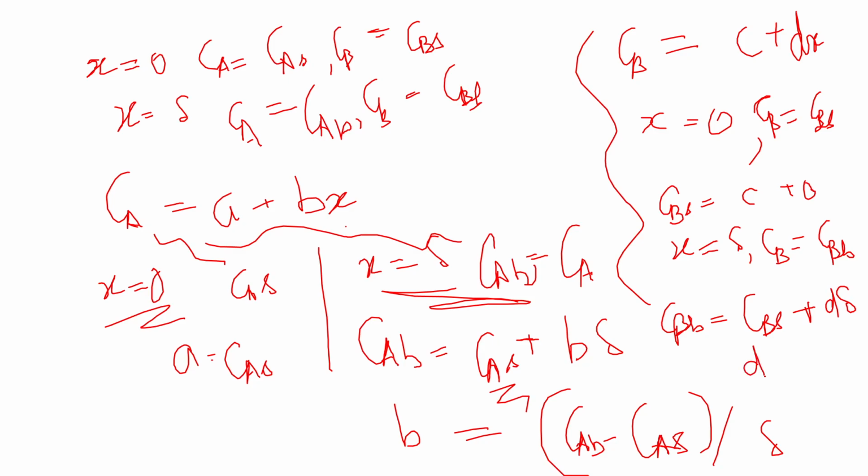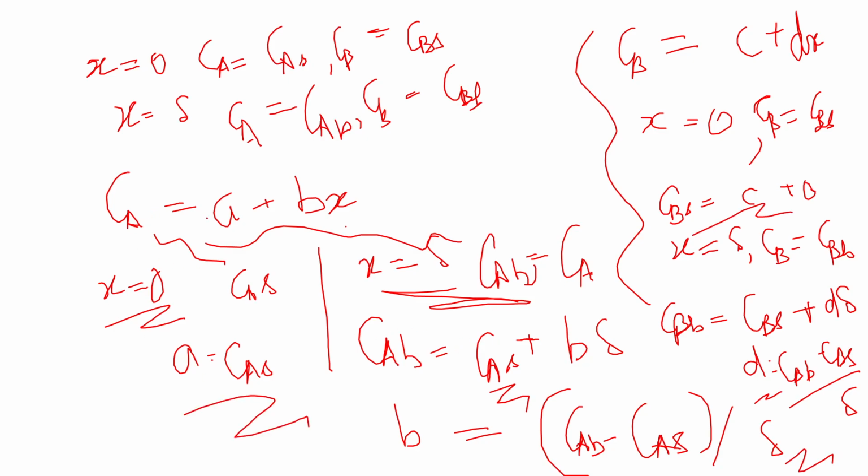If I rearrange, I'll get D equal to CBB minus CBS by del. So I have D value here, B value here, C value here, and A value here.